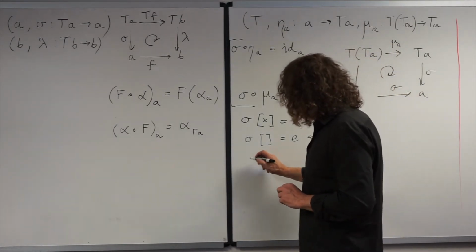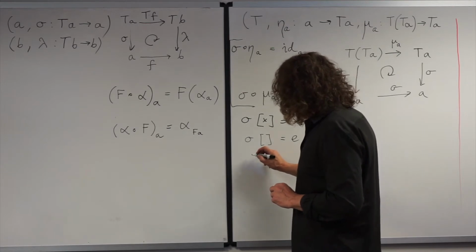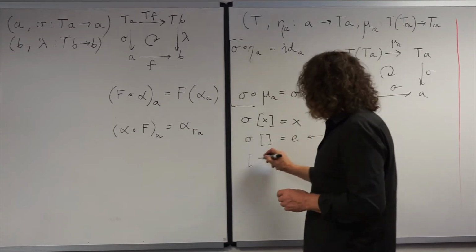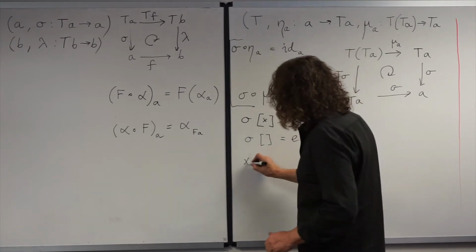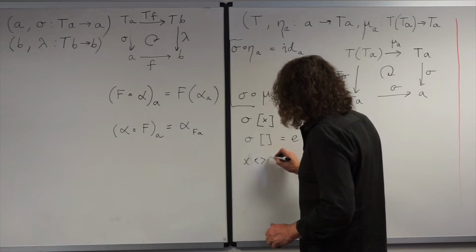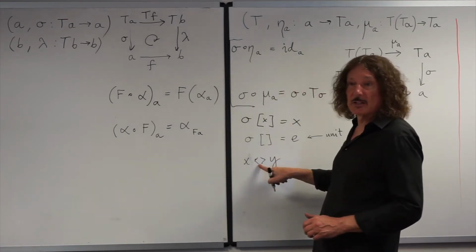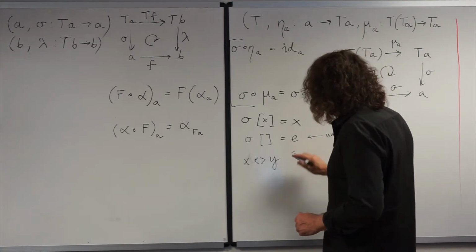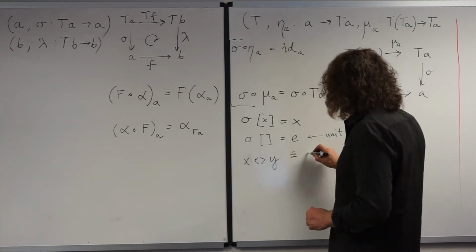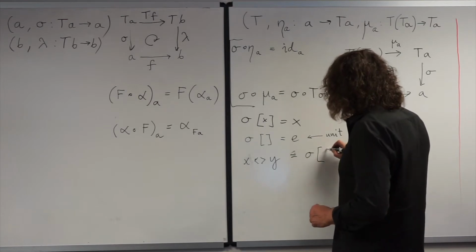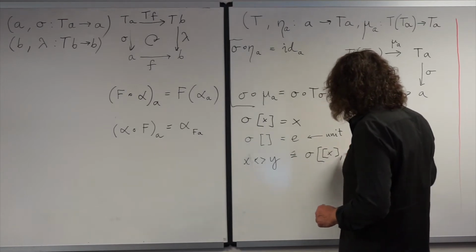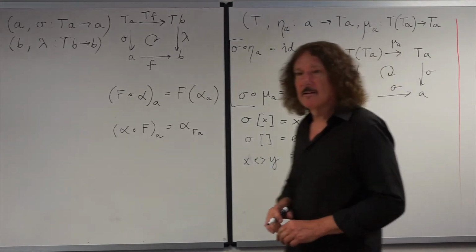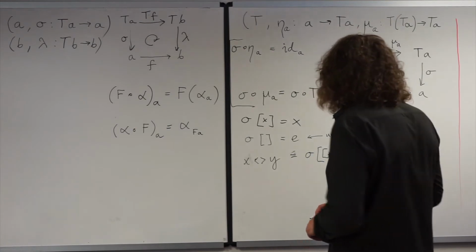Well, I'll define a multiplication, let's say I want to multiply x times y, right? So this is like monoidal multiplication, right? I will define this by definition. This is equal to sigma on a list of x and y.